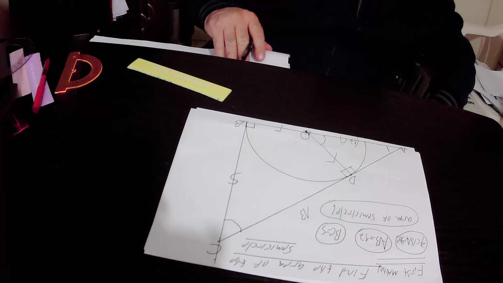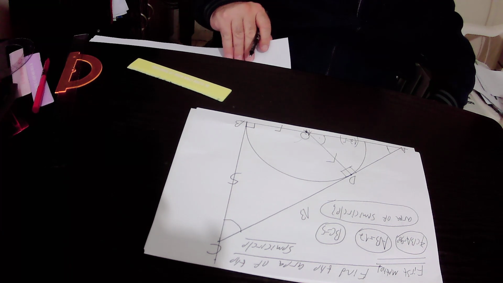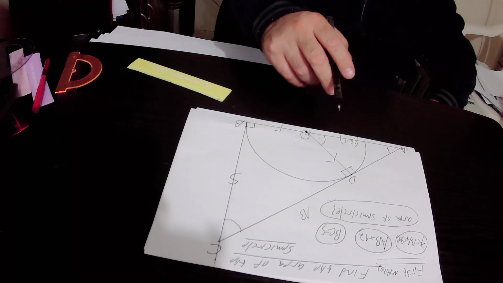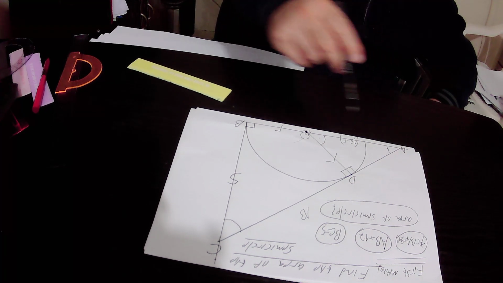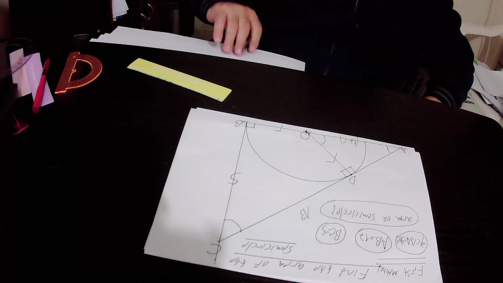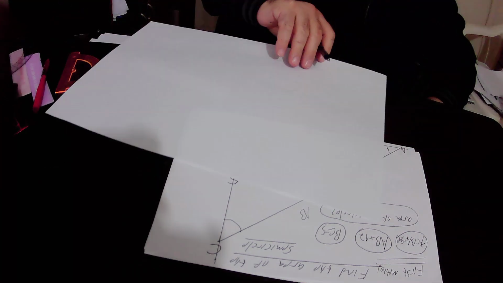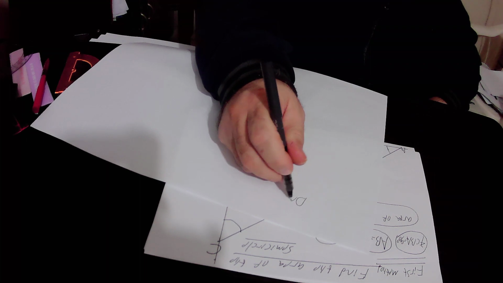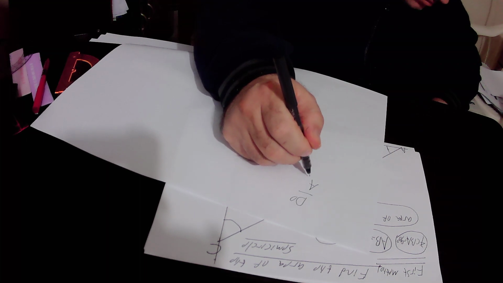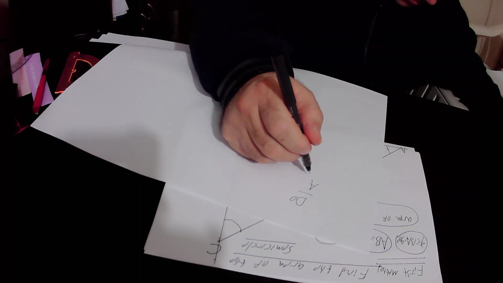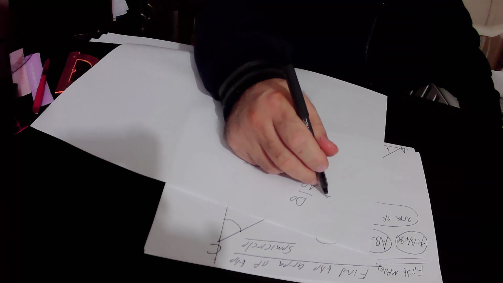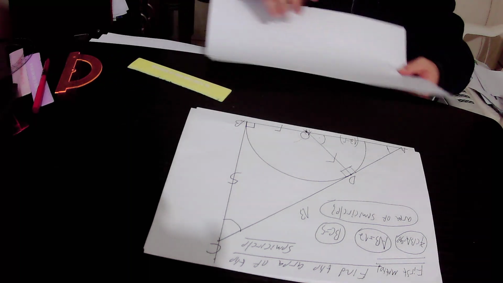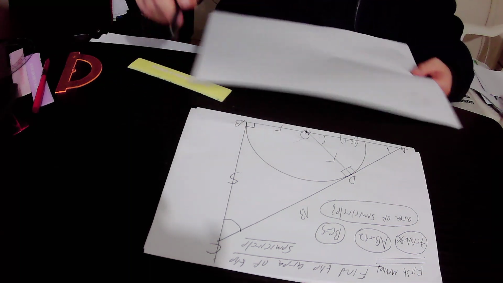Okay? DO over AO is equal to BC over AC.